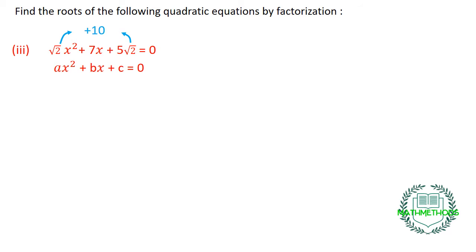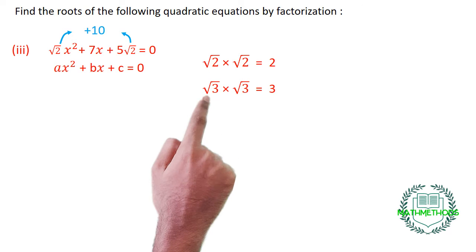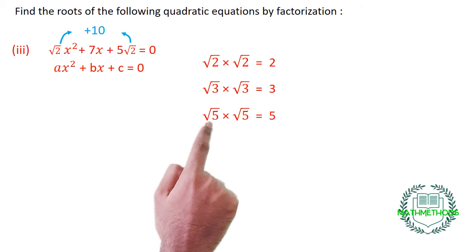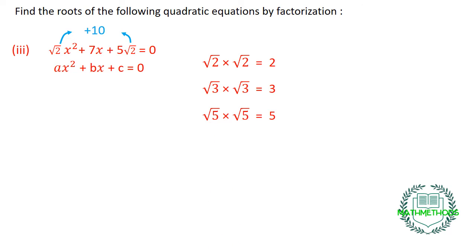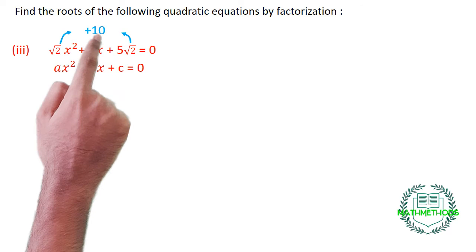For example, square root of 2 times square root of 2 is 2, square root of 3 times square root of 3 is 3, and square root of 5 times square root of 5 is 5. In the same way here, root 2 multiplied by root 2 is 2, and 2 multiplied by 5 is 10.